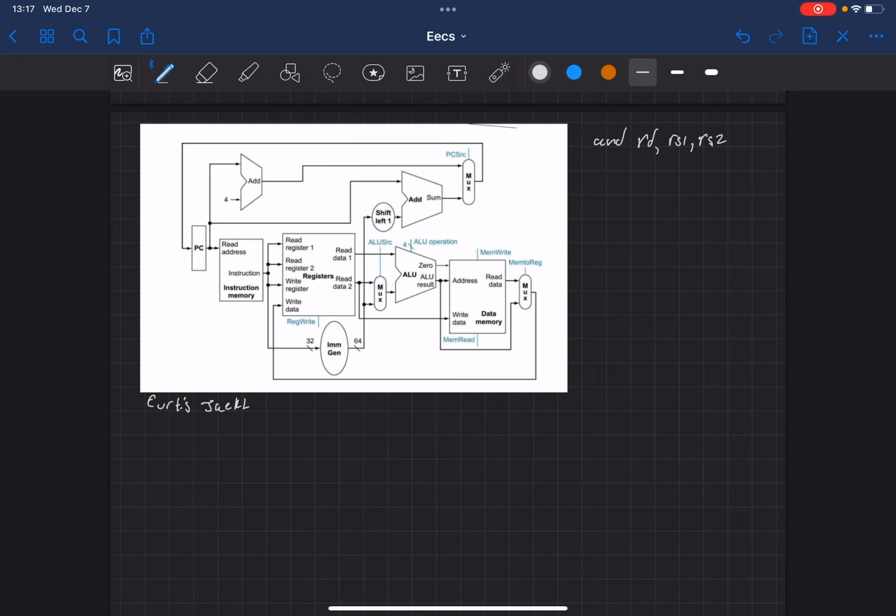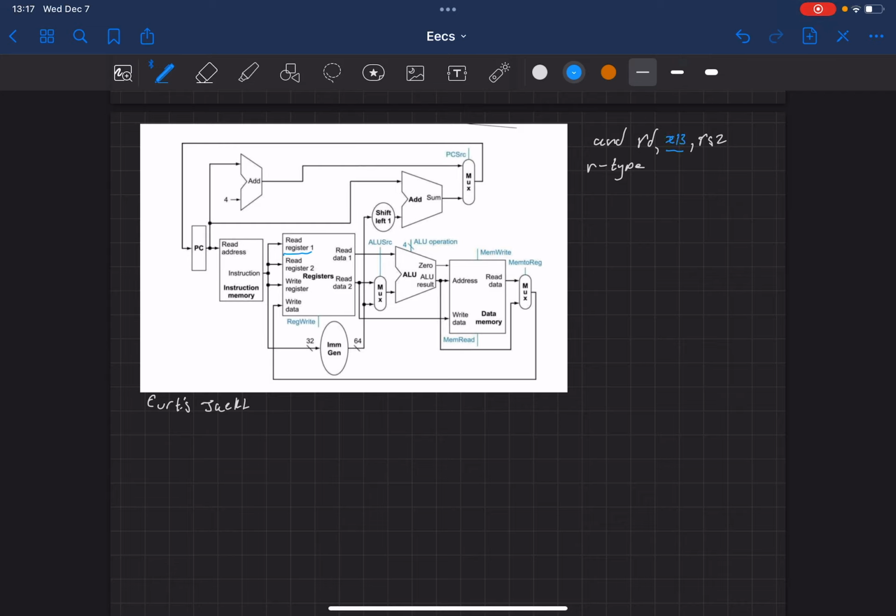Now going forward, let's break this down. Since it's an AND, we know AND is an R type. What R type does is that you're going to have two registers. So you're going to have this register as register 1, and for our sake, we'll call it X13.